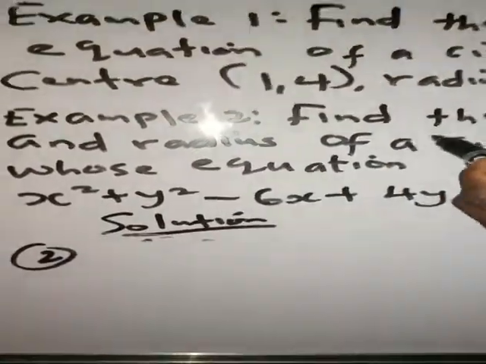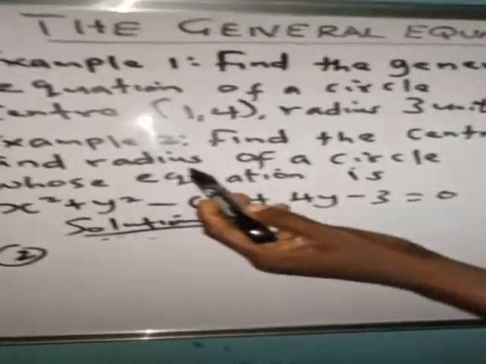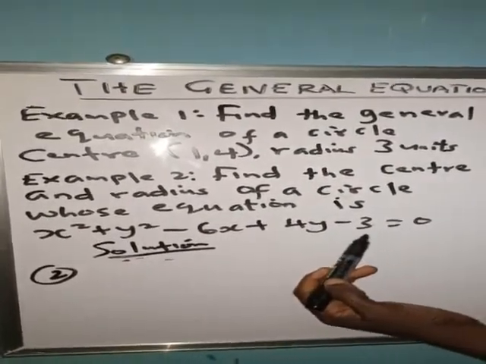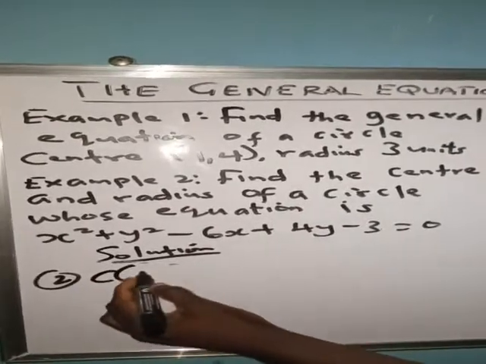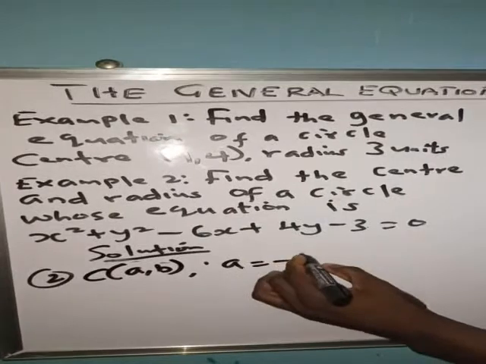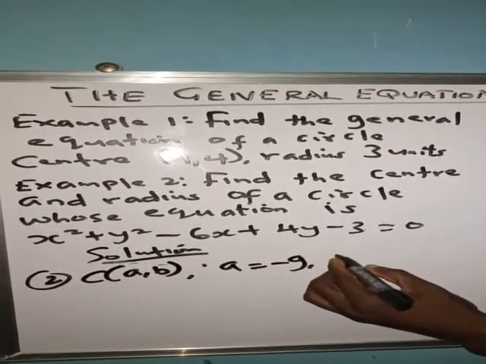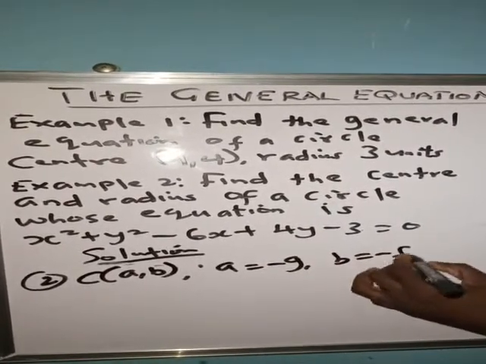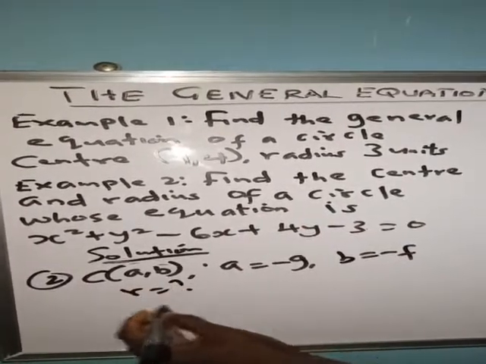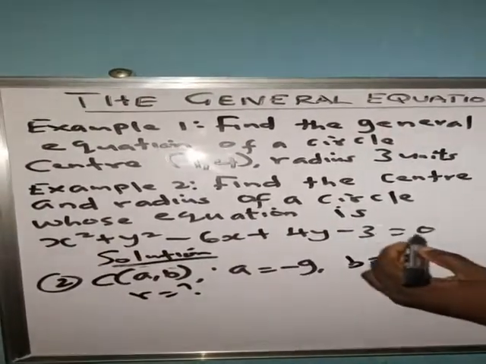Example 2 says, find the center and radius of a circle whose equation is given as this. The center is (a, b), but take note that a is equal to minus g and b is minus f. And you're also looking for the radius. So this is the general equation of the circle.